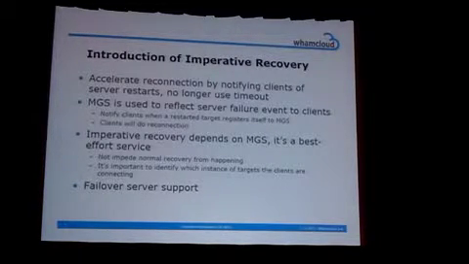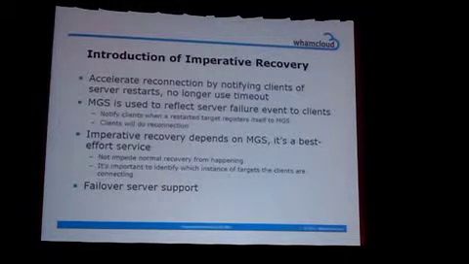This means we are not going to take the place of standard recovery right now, and it is also important to identify which version of target the client is currently connecting to, because standard recovery may restore the connection and may finish the transaction to the restarting target before IR gets involved. So it's very important for this.